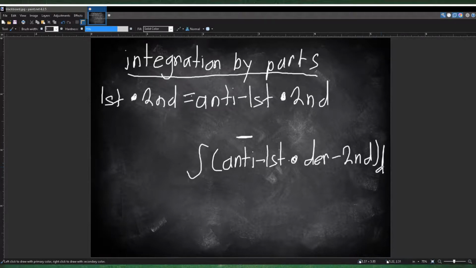Then put a dx in here, which actually we don't need because it's just a general case.